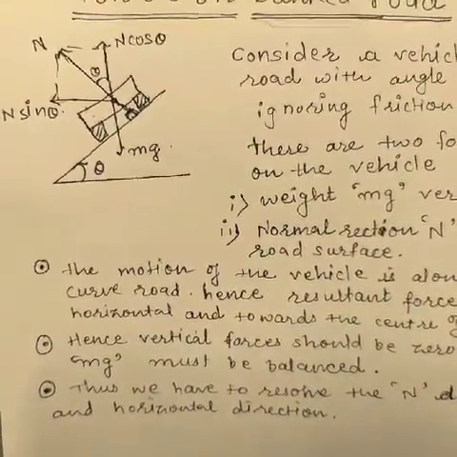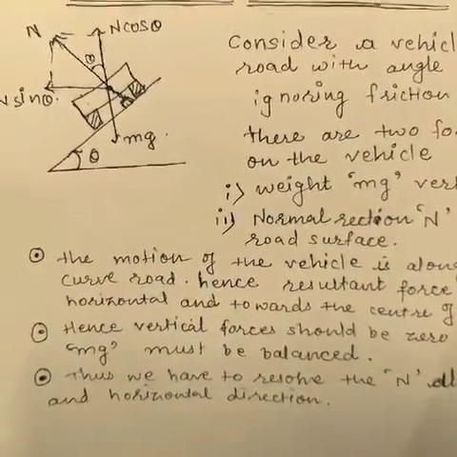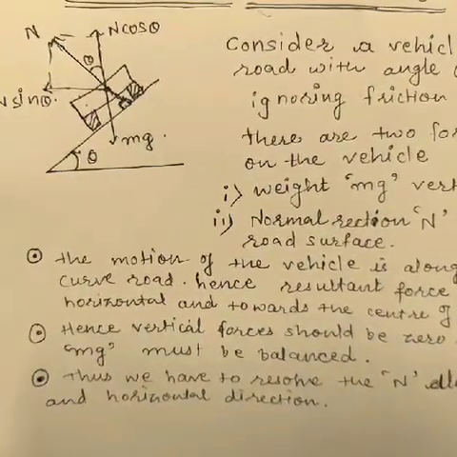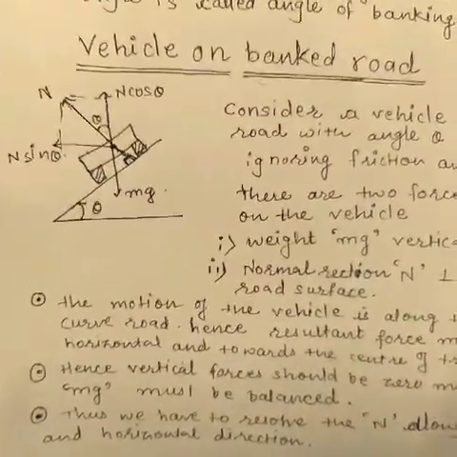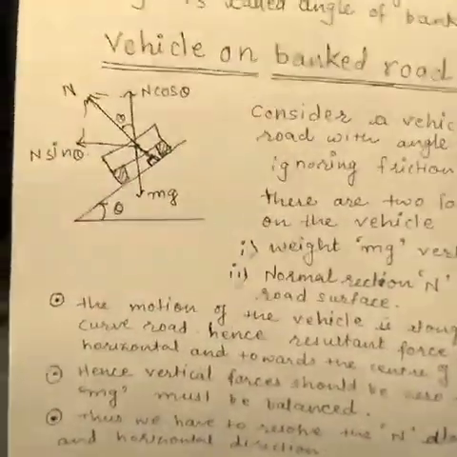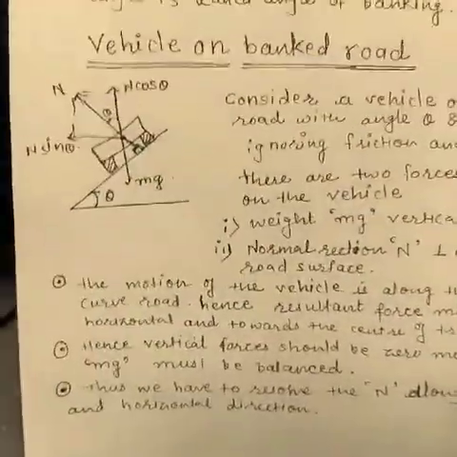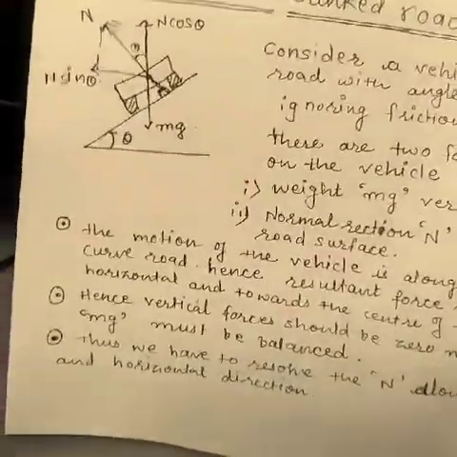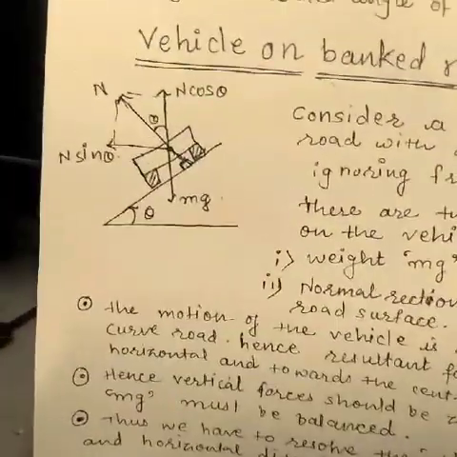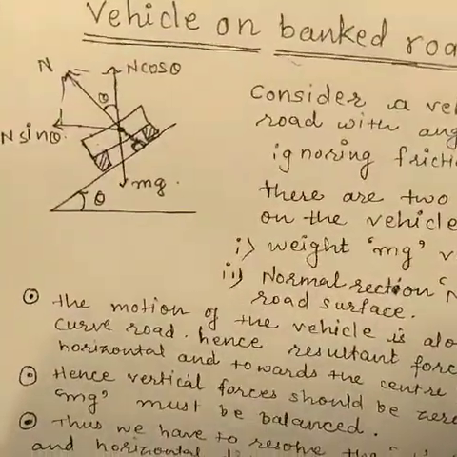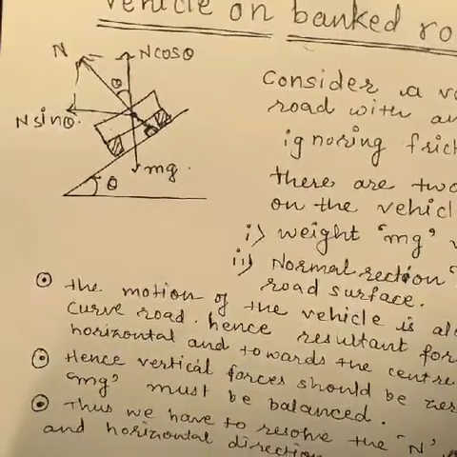So let us resolve this normal reaction N into two components: the vertical component N cos theta and the horizontal component N sin theta. This N cos theta vertical component balances mg, and therefore the vector sum of mg and N cos theta becomes 0.